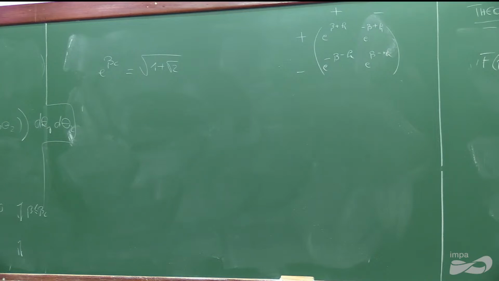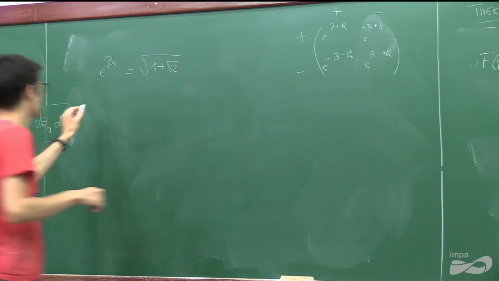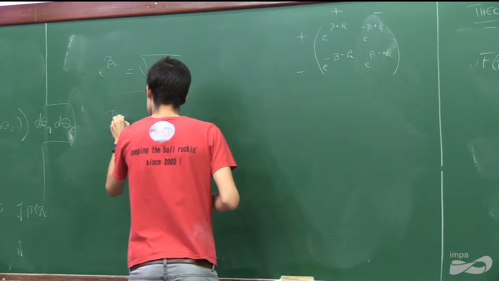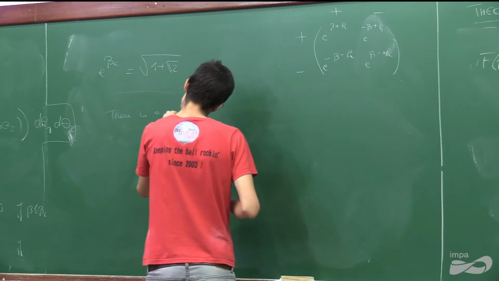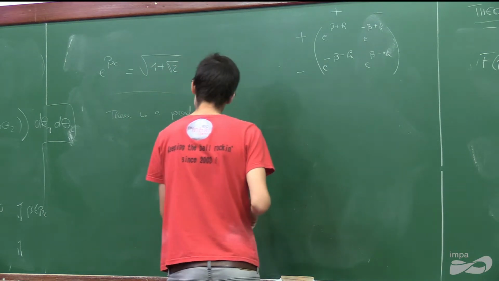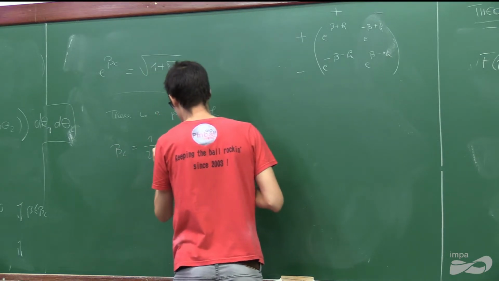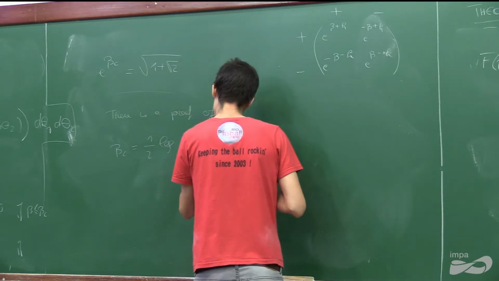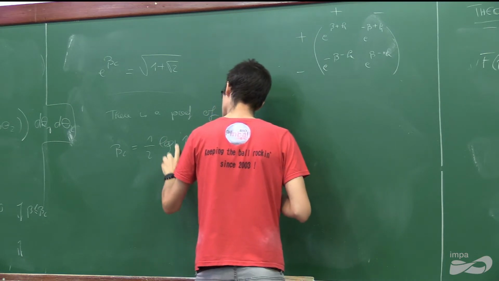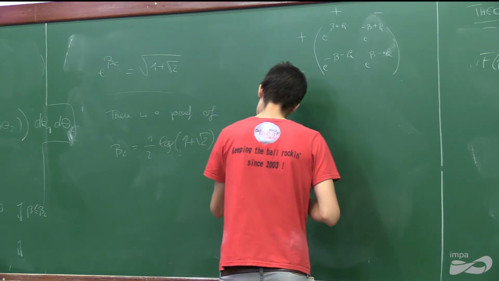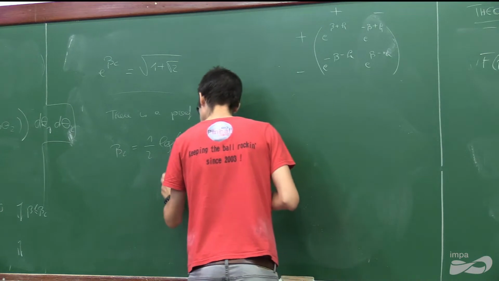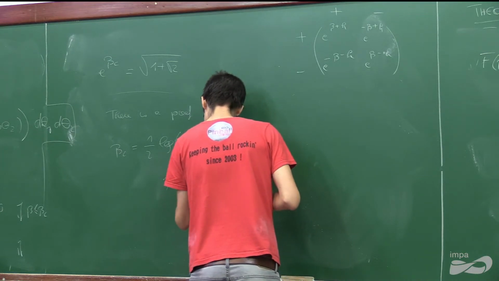And it turned out that there is a proof of beta c equal 1/2 of log 1 plus square root of 2 using parafermionic observables.